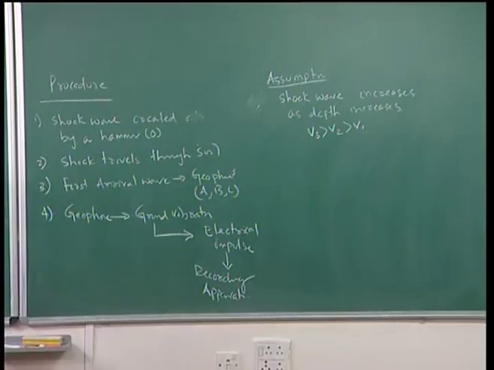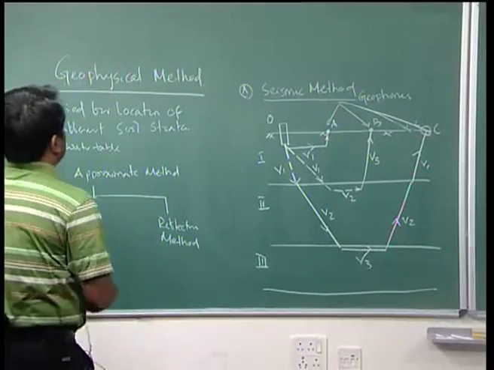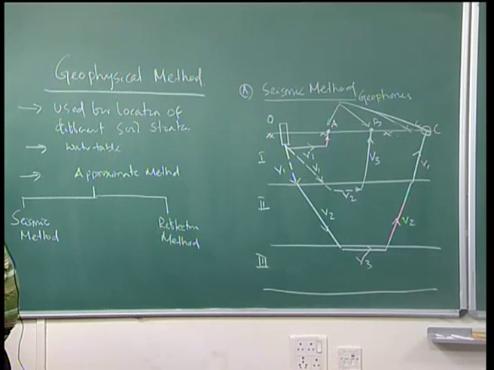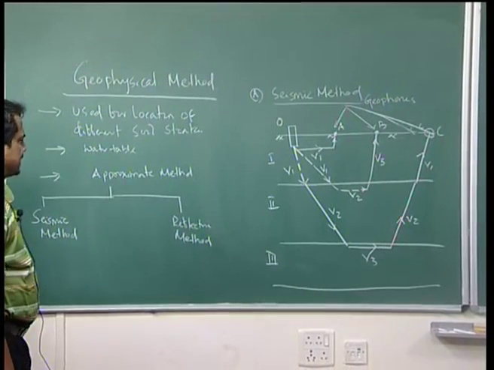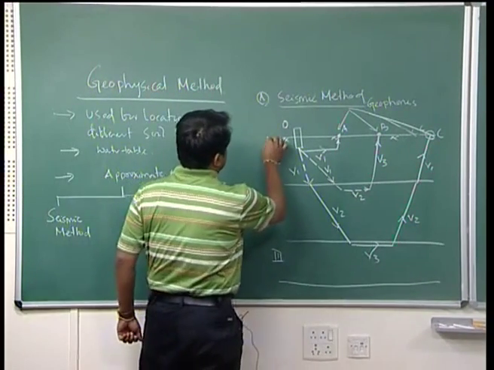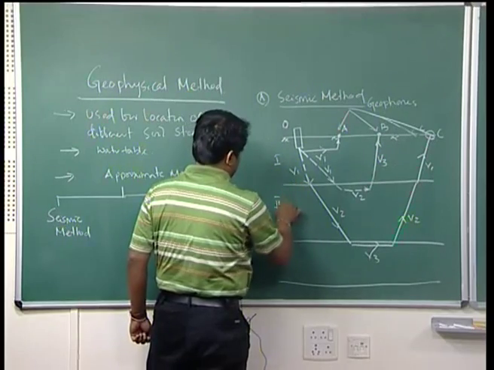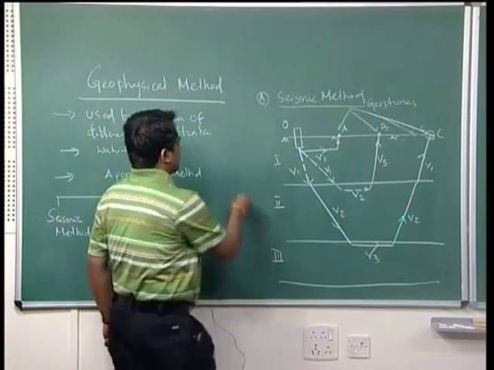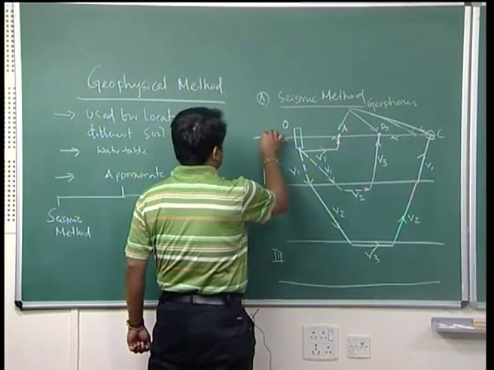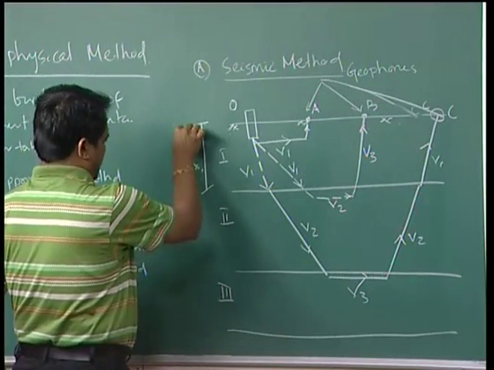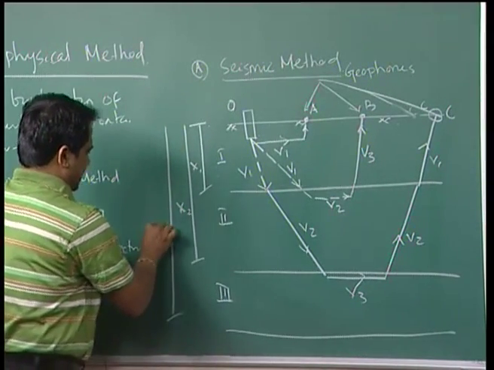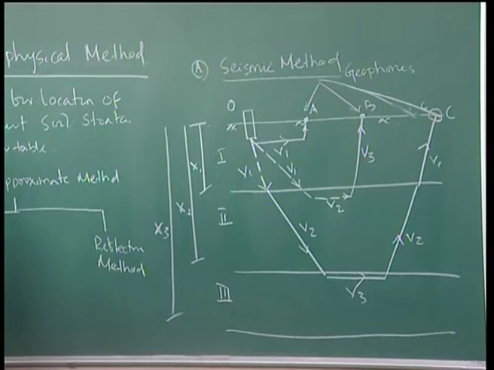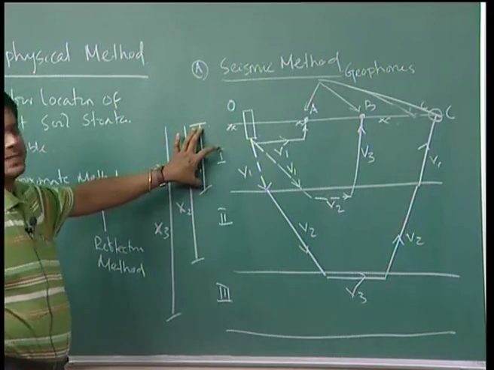Now, if you look at this seismic method, first of all geophysical method is an approximate method. It is used to find out the different soil strata. Suppose there are 3 layers, layer 1, layer 2, layer 3, at what distance from the ground surface, say x1, x2 or x3, does the subsoil strata change?